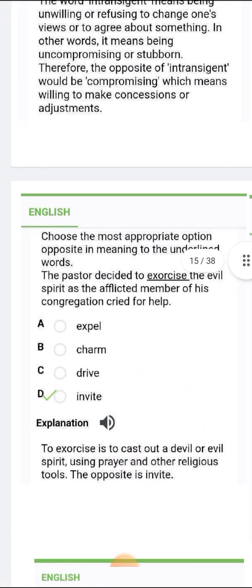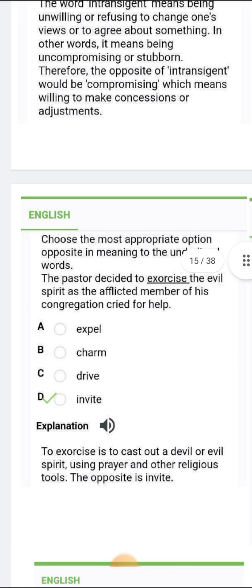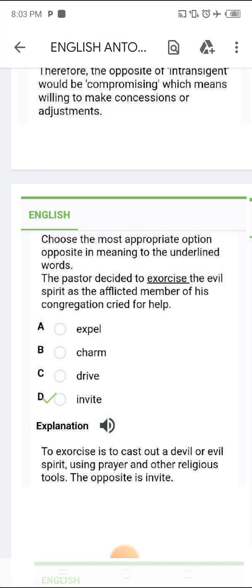Let's go to the next one. To exorcise, which is invite. To exorcise is to cast out a devil or evil spirits using prayer and other religious tools. The opposite is invite. Alright?